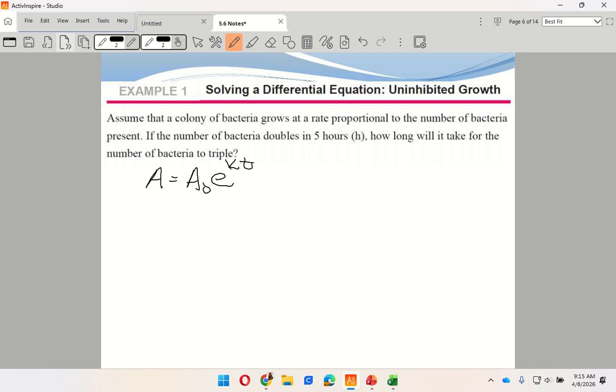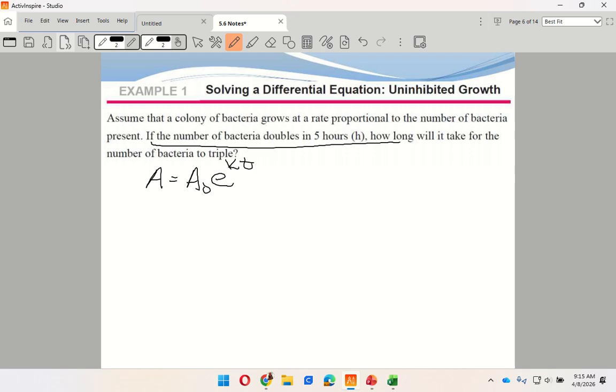So I know it would double. So let's say if I put my initial amount here, e to the kt, my output should be what? What does it say? It will double. Okay, so what information does that give me? Do I have one of my variables here?